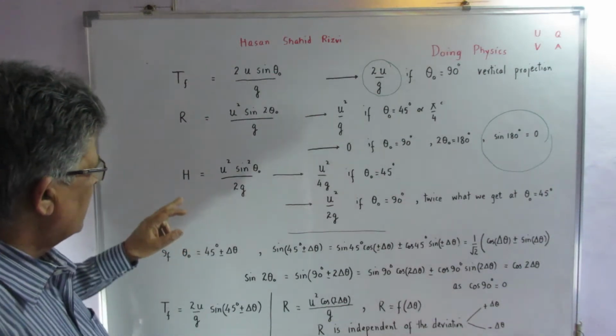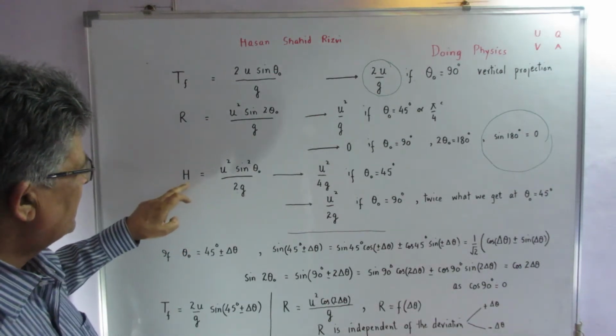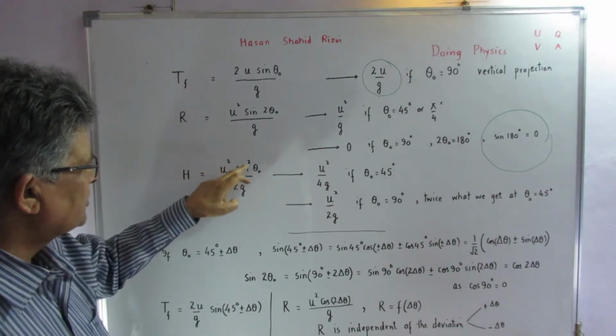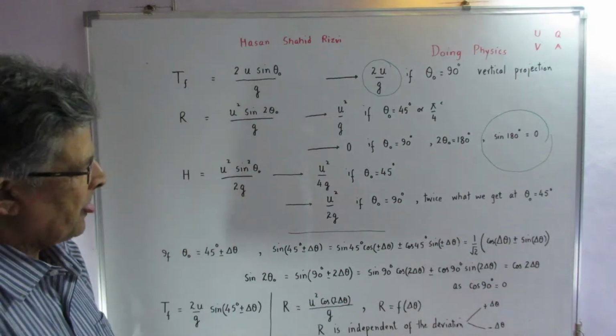Now, the third situation is that the height that we achieve is equal to u square sine square of theta 0 divided by 2g.